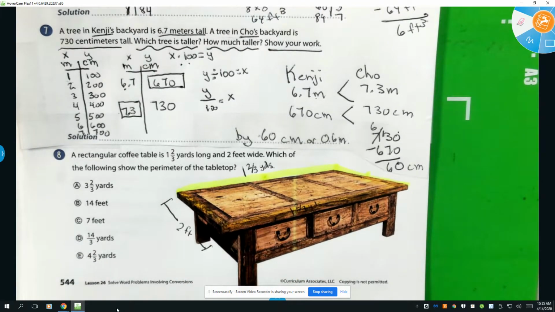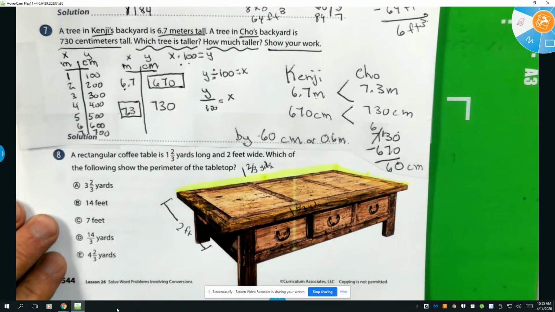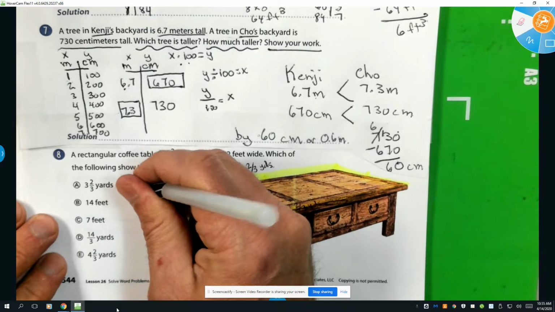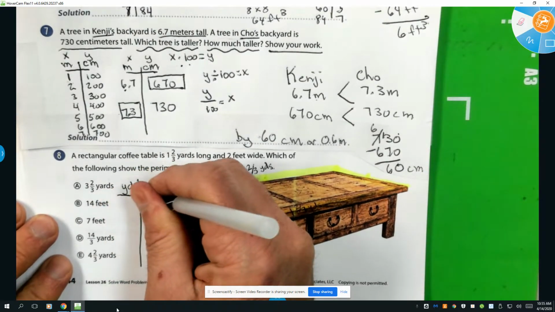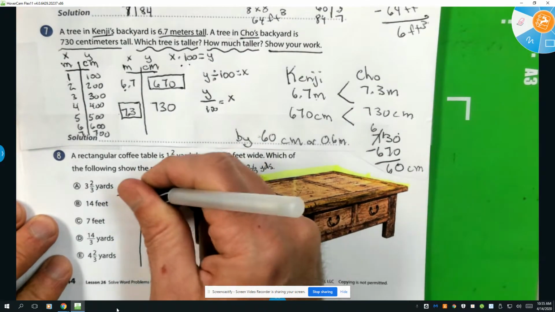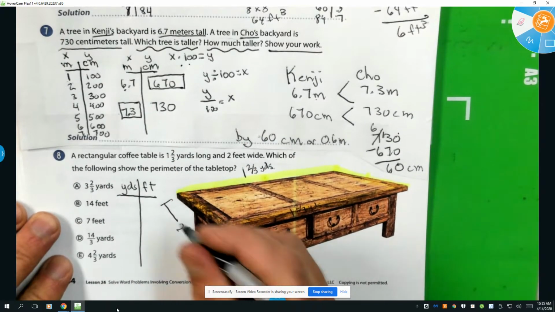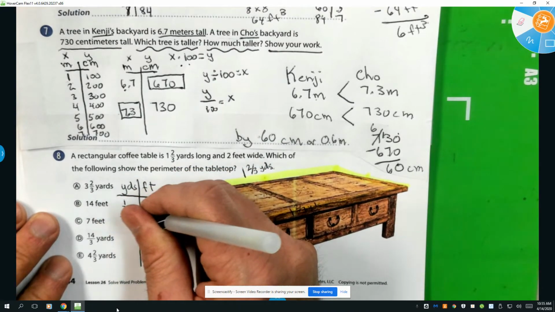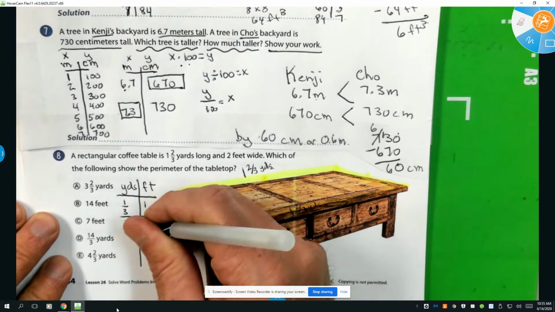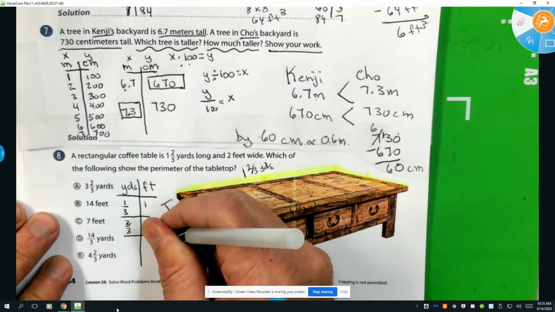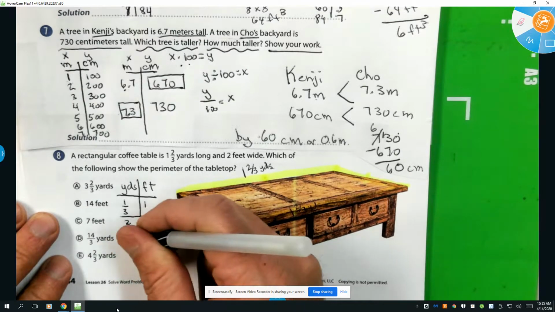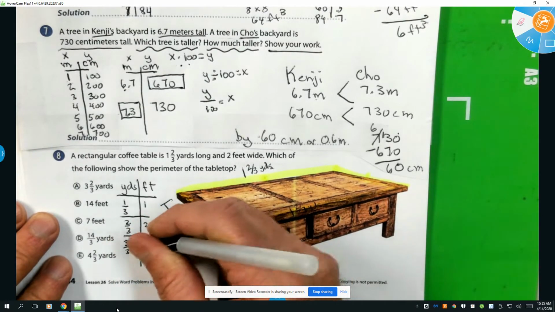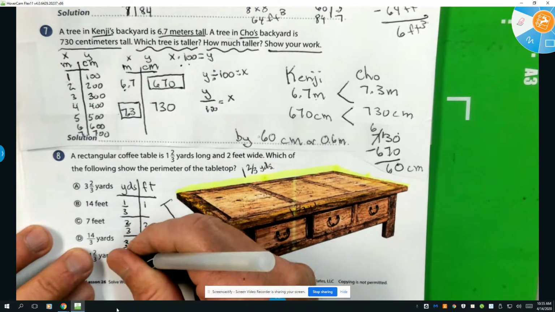Let's make a table really quick, not this kind of table, but this kind of table right here. We're going to go yards to feet. I'm going to start out with saying 1/3 of a yard is 1 foot, 2/3 of a yard is 2 feet, 3/3 of a yard, which is one whole, is 3 feet.